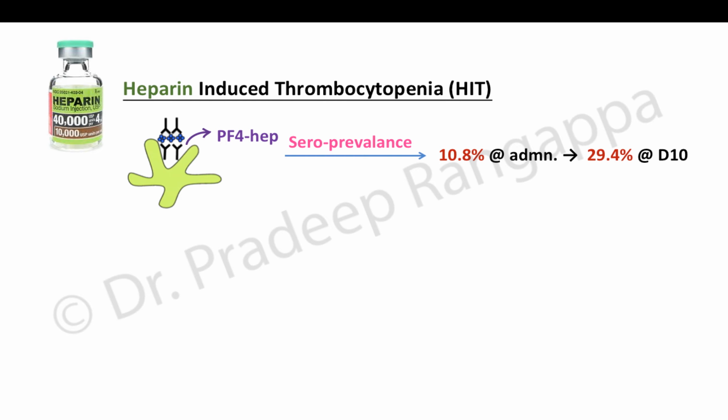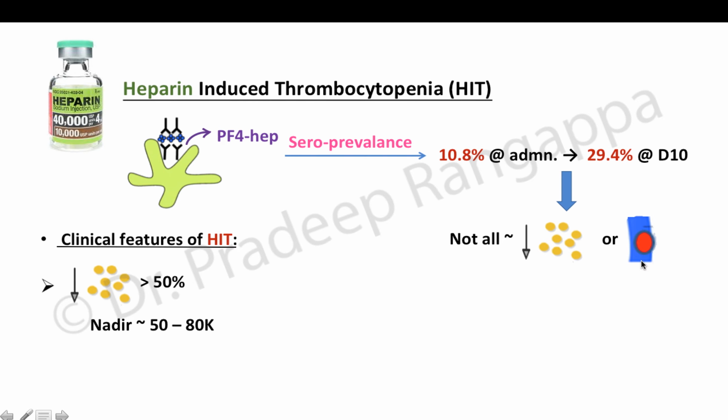That is something you need to bear in mind, because as you see, a significant percentage of patients do express this PF4 heparin complex, but not everyone develops thrombocytopenia, or not everyone develops a prothrombotic state. So that is something you need to keep in mind. The diagnosis of it is predominantly clinical suspicion, or having a high index of suspicion.